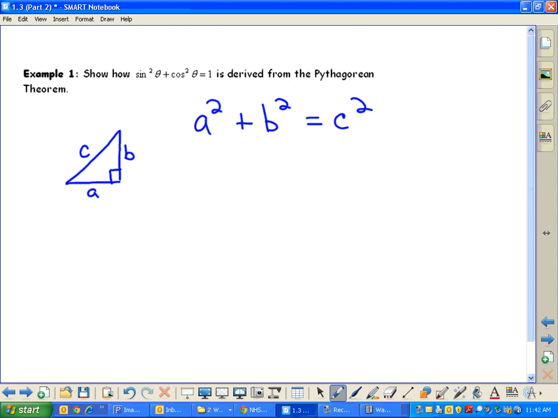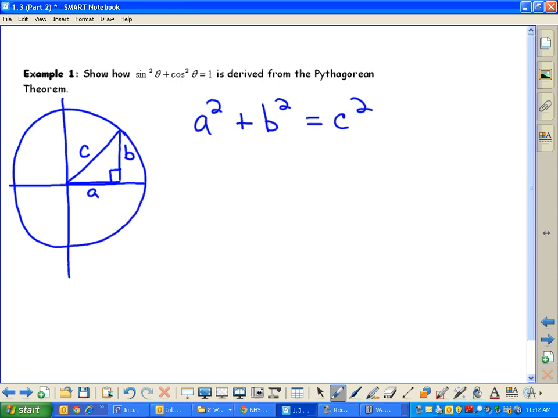Now, we've been studying all along how this right triangle is being shoved into the unit circle. And that's how we can get our information out of this. So I'm going to draw a circle around this, hopefully hitting all the stuff I need to. That's my attempt at a circle from my smartboard here.